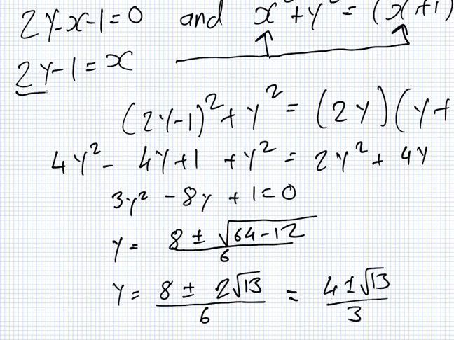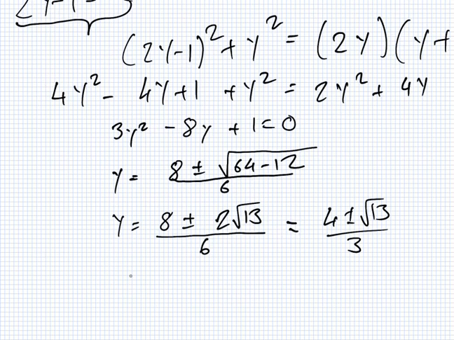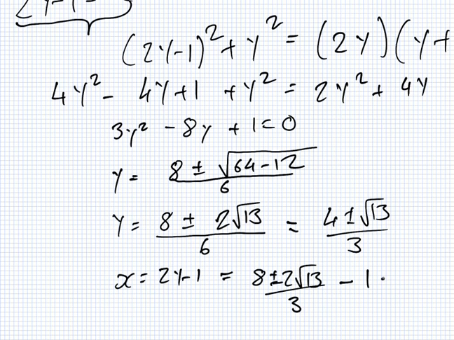So, I haven't actually found the x yet, so I can use this to find the x. x is 2y minus 1. So the x would be twice this, minus 1, which would be 5 plus or minus 2 root 13 over 3.